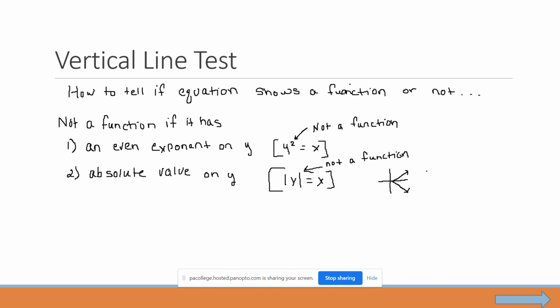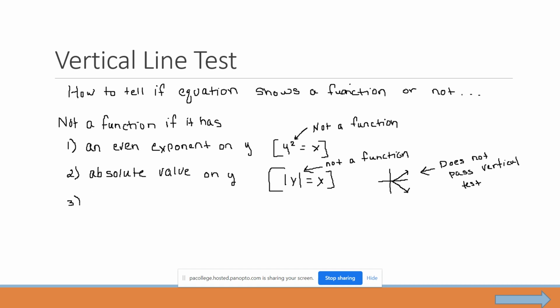And you could see that that graph does not pass the vertical line test. Because a vertical line would intersect twice, you would determine this is not a function.